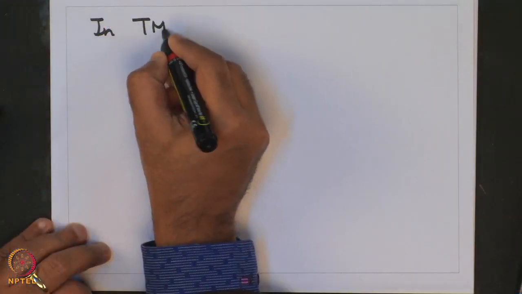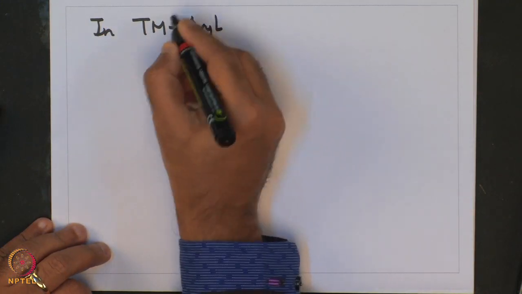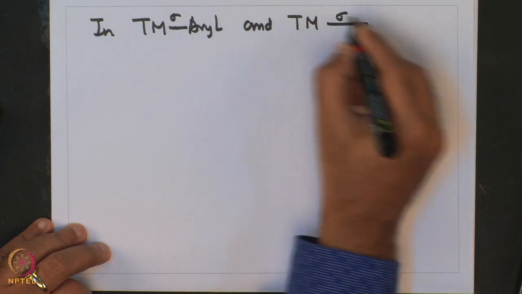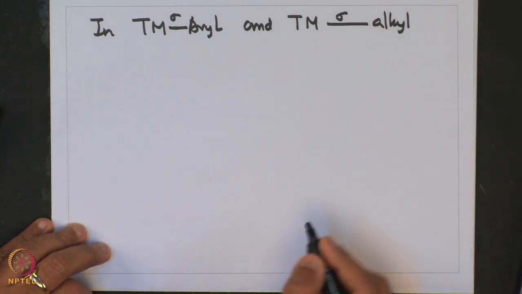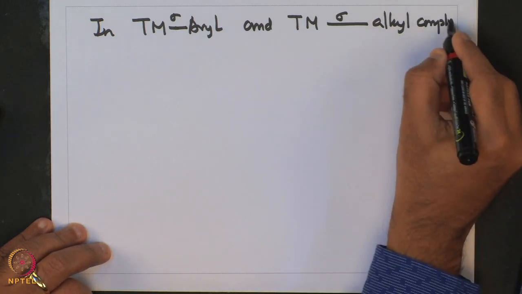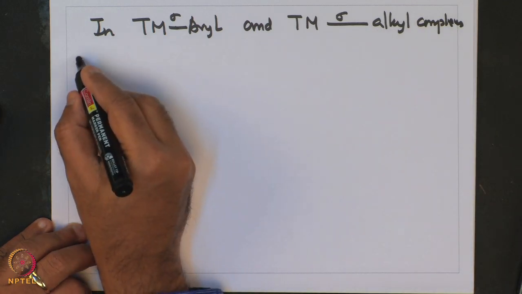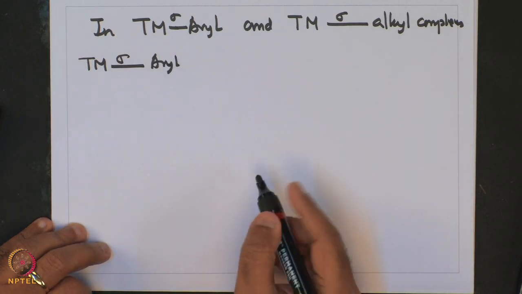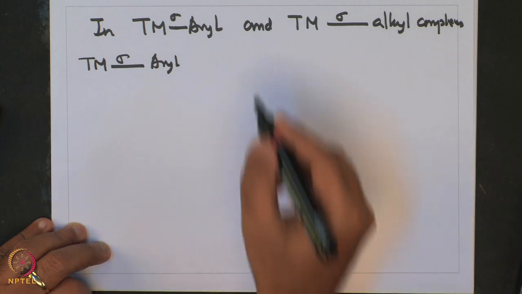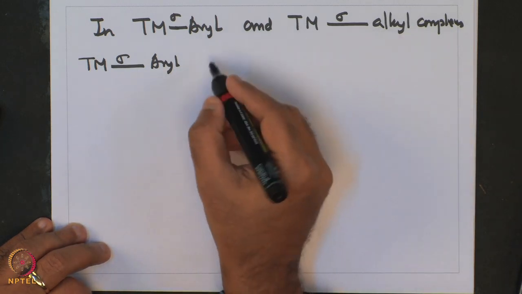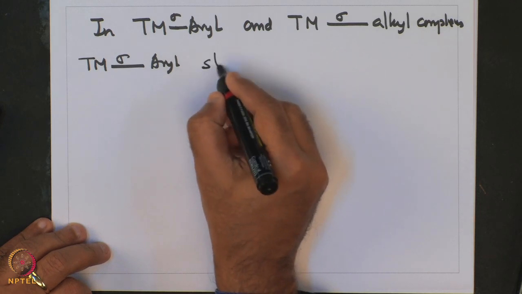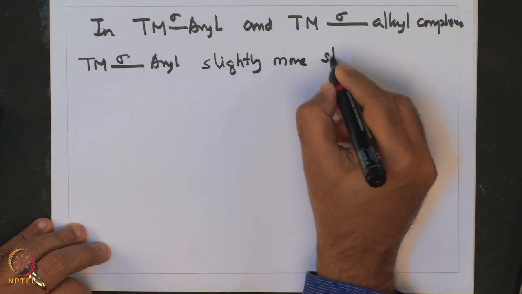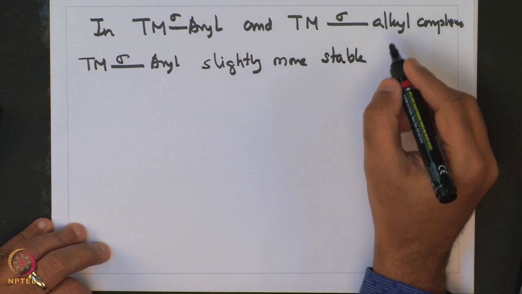In comparison to transition metal sigma alkyl complexes, transition metal sigma aryl complexes, as they have more metal to ligand pi back donation than the sigma alkyl ones, are slightly more stable than the transition metal alkyl complexes.